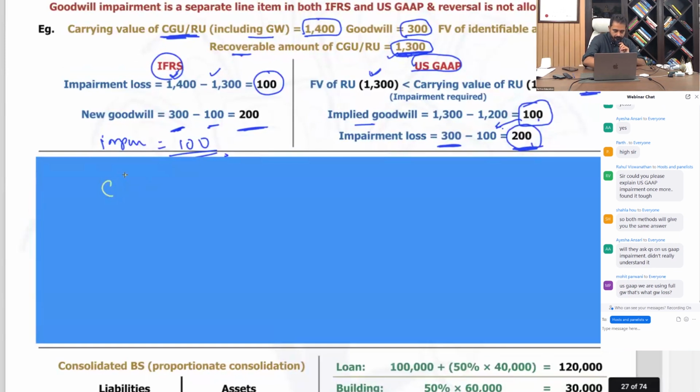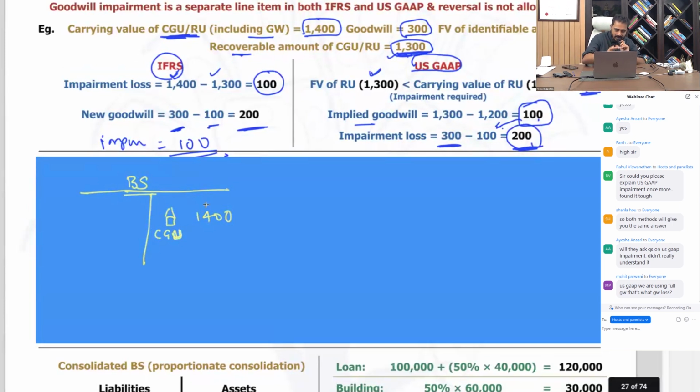What is the value of that business? Whatever company that I acquired, on my balance sheet, the value of that business to me today is 1400. This is called cash generating unit. Now, the accounting standard goes at great length on defining what cash generating unit is, but CGU is 1400. We don't care about that.